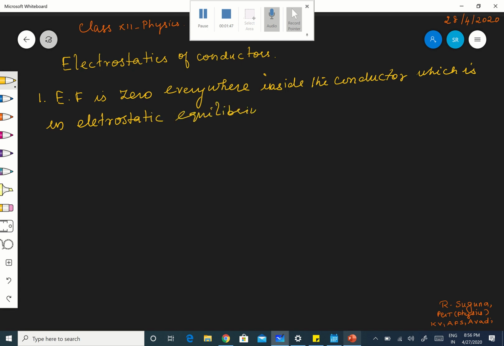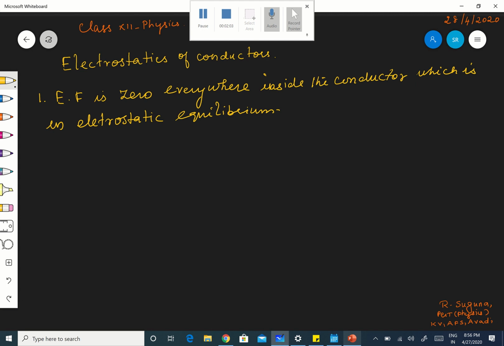What do you mean by electrostatic equilibrium here? An isolated conductor which is uninsulated from earth. It is an isolated conductor, that is said to be in electrostatic equilibrium, right?